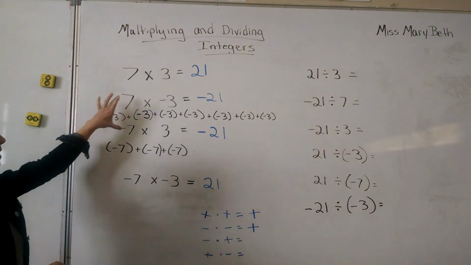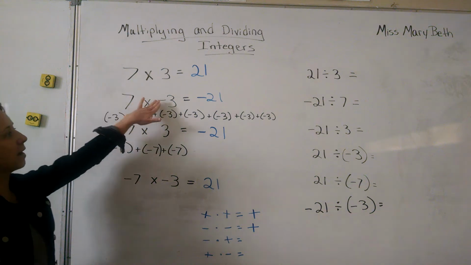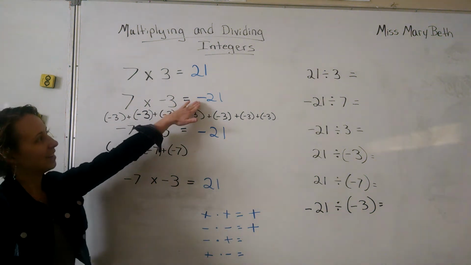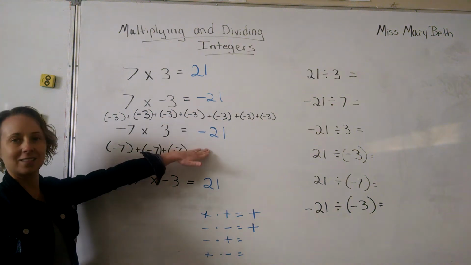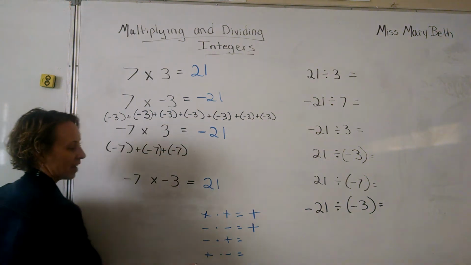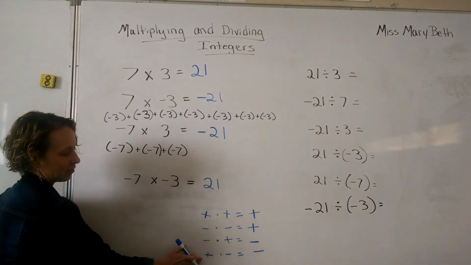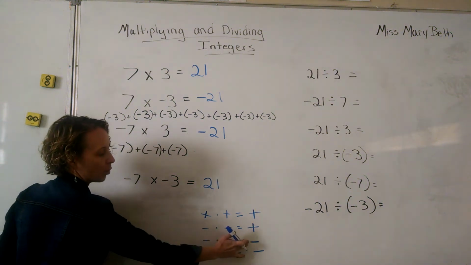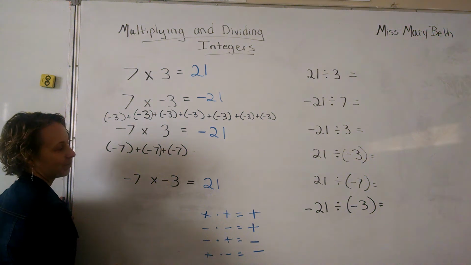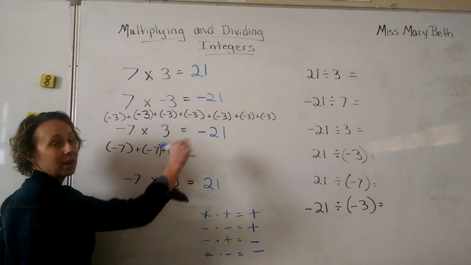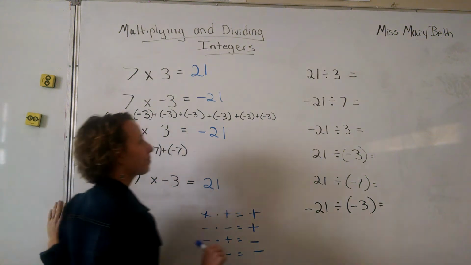What about when I multiply different symbols? A positive times a negative, or a negative times a positive? What do you notice about the answers? That's right, they're both negative. So when I multiply a negative times a positive or a positive times a negative, I'm going to get a negative answer.